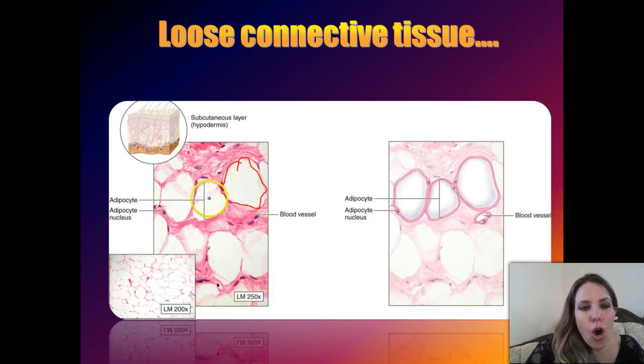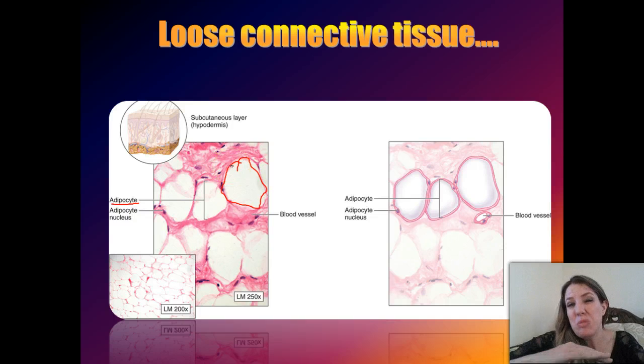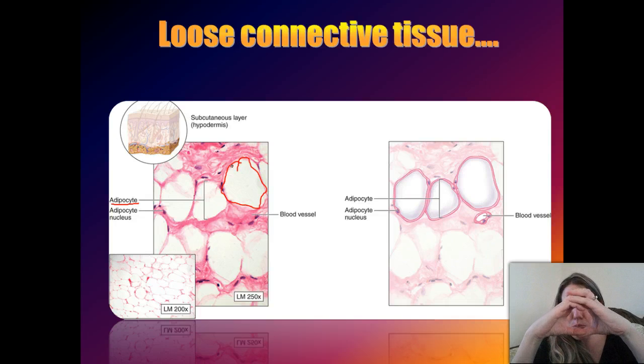Then over to the side, each one of these is part of one adipocyte, one fat cell, a cell that produces fat. Around it is the cell membrane and the cytoplasm. The cytoplasm is just squished up to the top, because as the cell fills with oil droplets, it pushes the cytoplasm to the cell membrane.